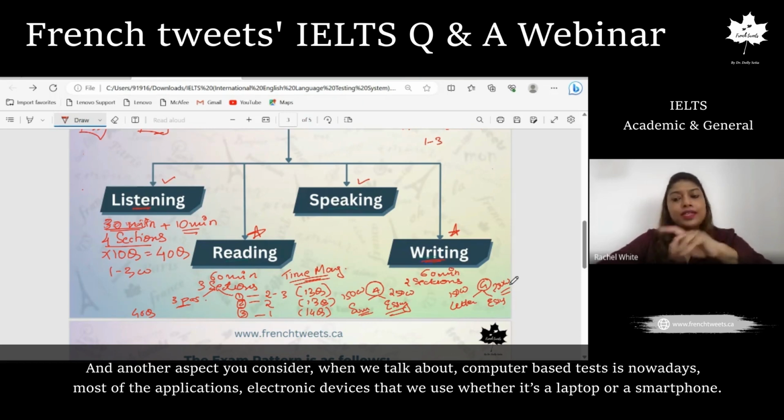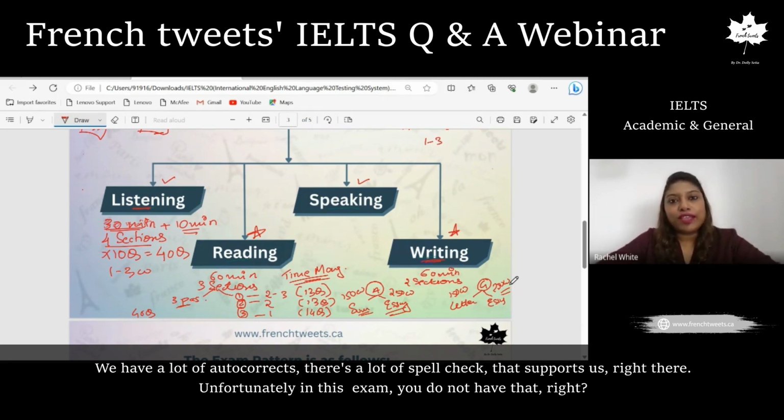And another aspect to consider when we talk about computer-based tests is nowadays most of the applications, most of the electronic devices that we use, whether it's a laptop or a smartphone, we have a lot of autocorrect. Right, there's a lot of spell check that supports us. Well, unfortunately, in this exam, you do not have that.